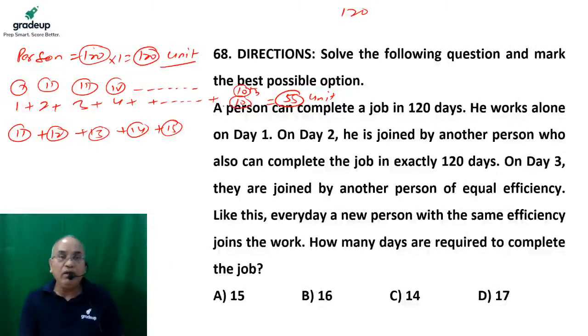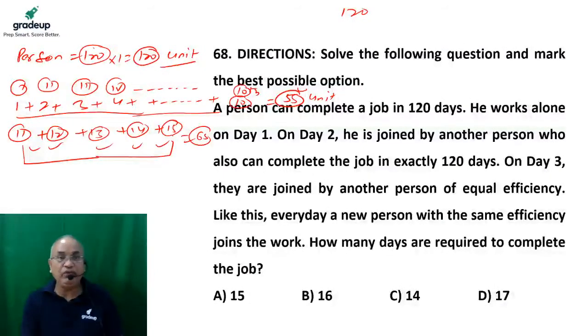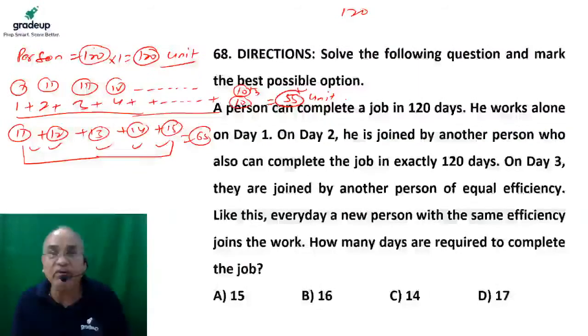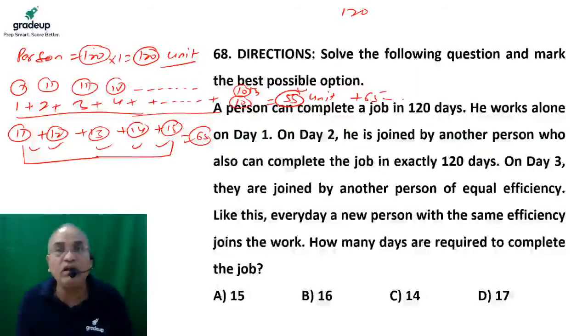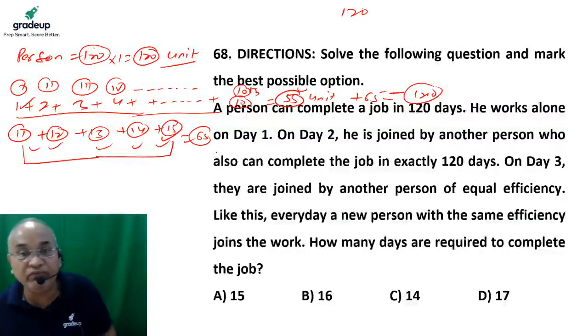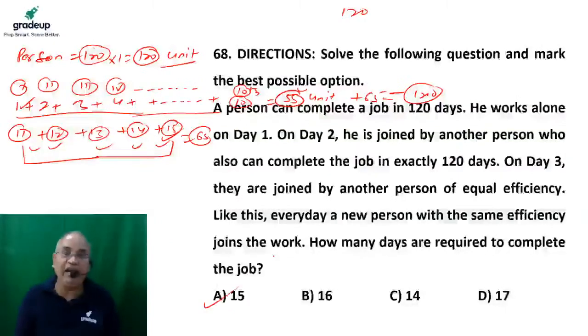So from the first day to the 10th day, they have completed 55 units, and from the 11th day to the 15th day, they have completed 65 units. Please add these values: 55 plus 65, total 120 units they have completed in how many days? From the first day to the 15th day, the total number of days is 15. So the correct answer is A.